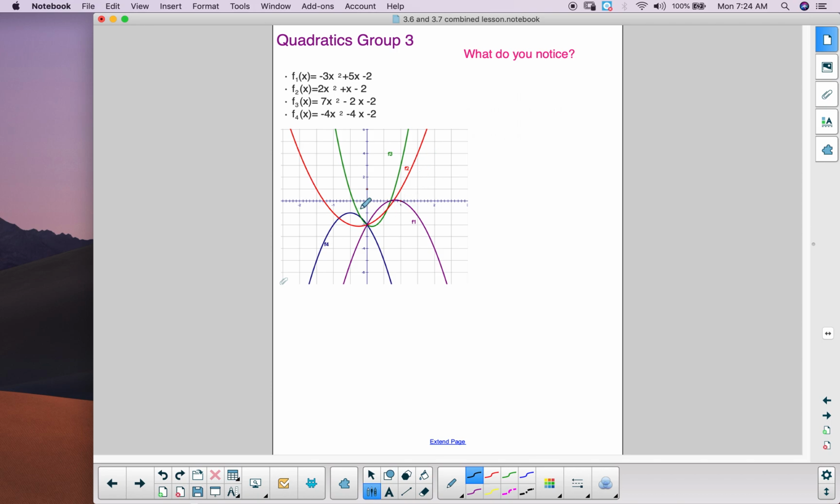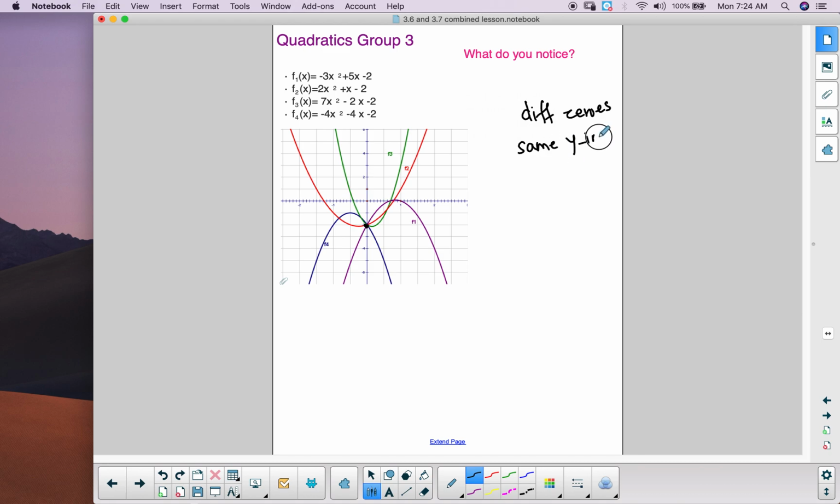Okay. The third family I have here is quadratics, the functions f1, f2, f3, and f4. And what do you notice about these 4? Well, they have different zeros, so they have different roots. They have the same y-intercept though. They all pass through this point.